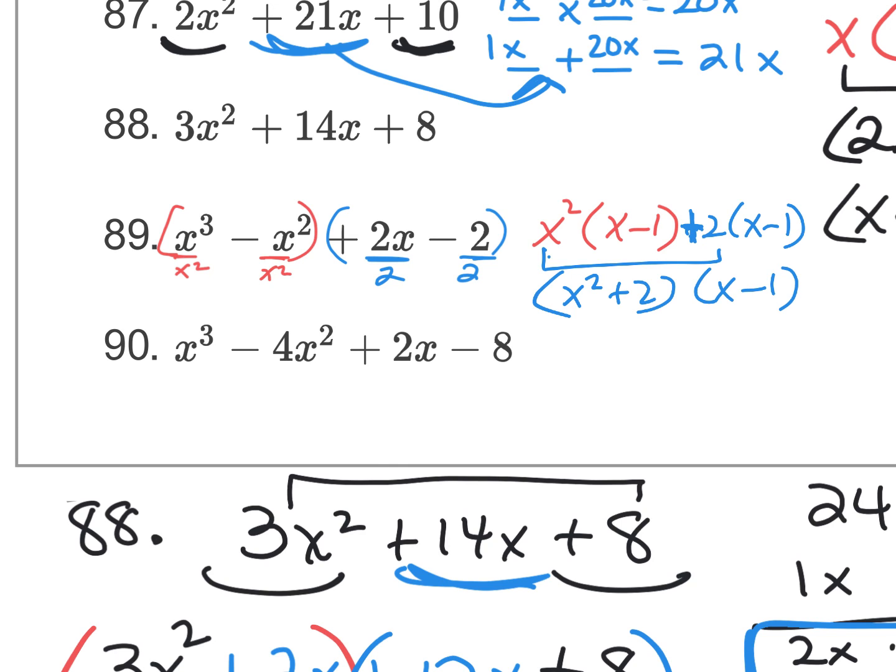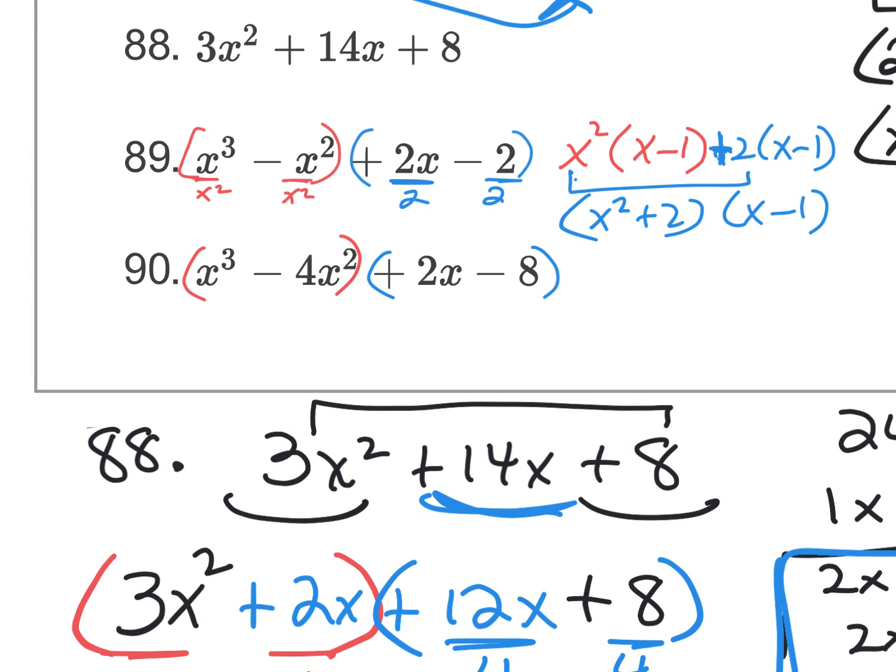Number 90, it's already set up as the 4 terms. So again, we're going to group. Soon as I see 4 terms, I'm going to look first to see if there's a GCF, and there's not. Then I make my 2 groups. GCF of the red group is going to be x squared.